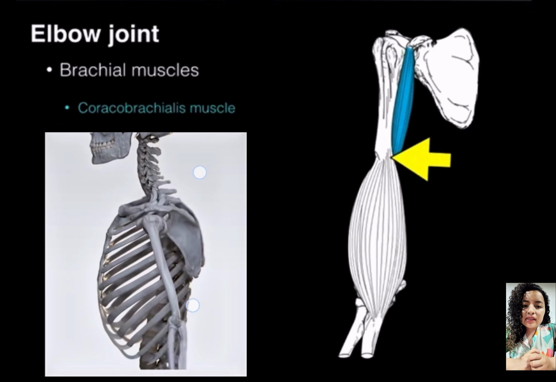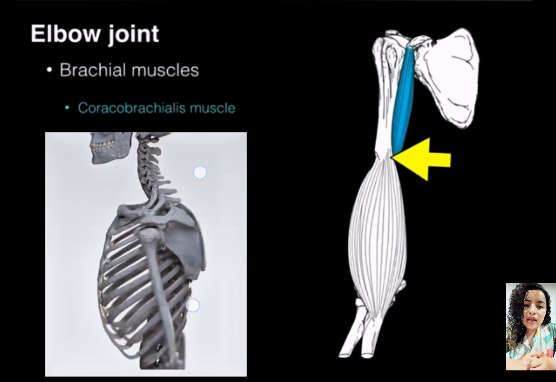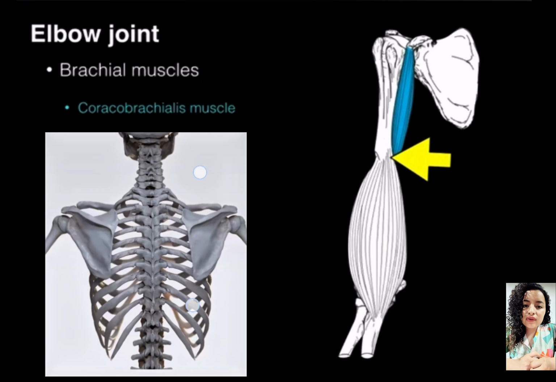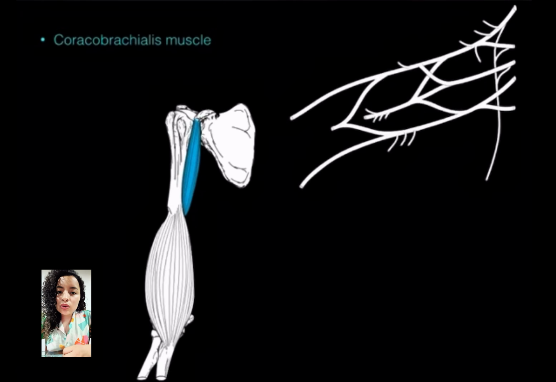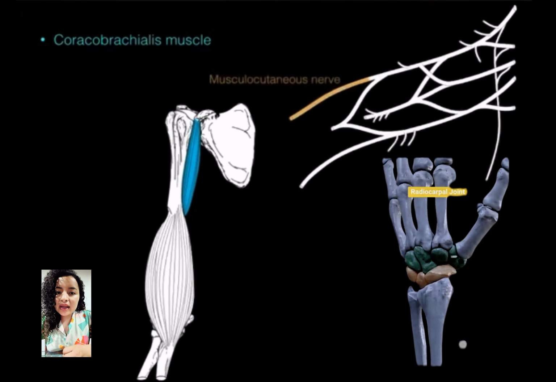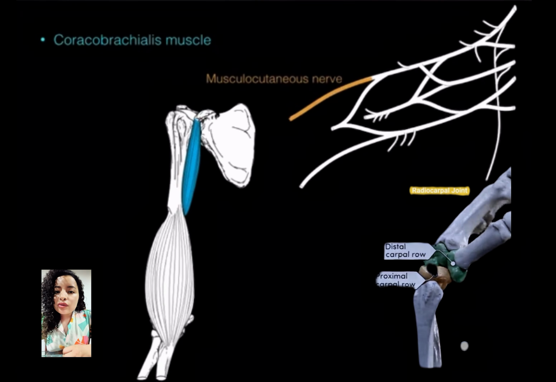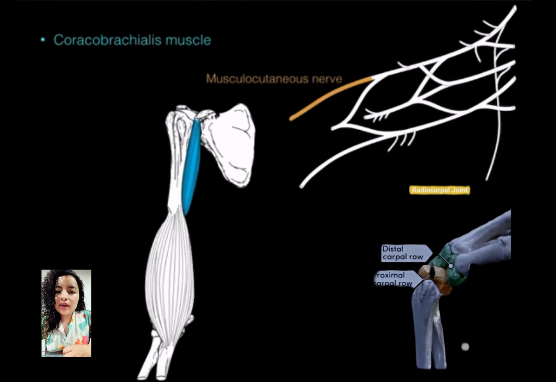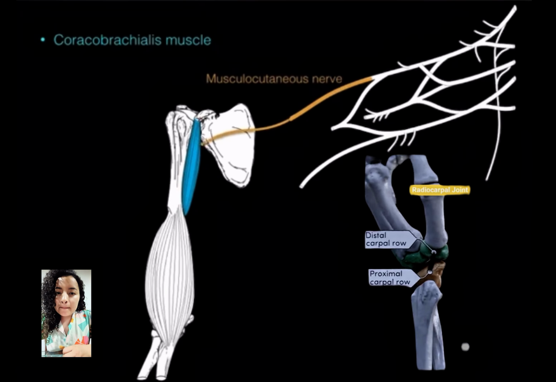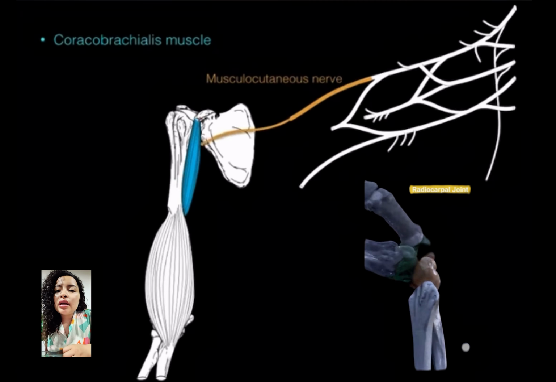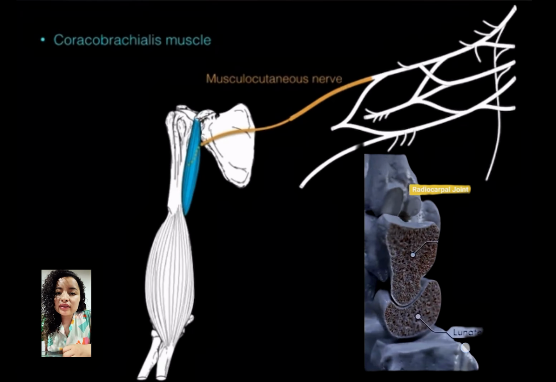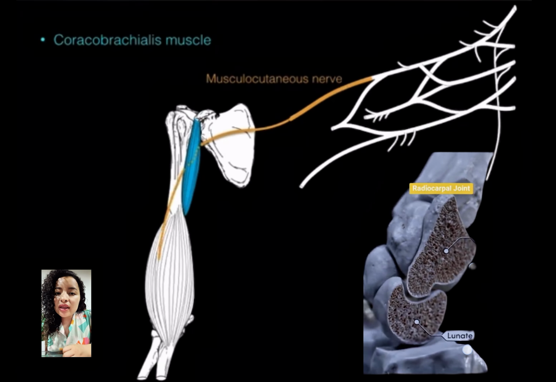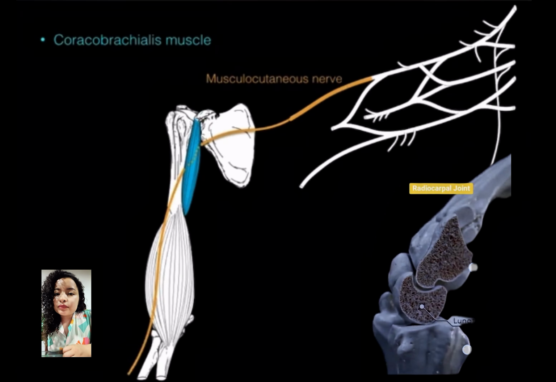When we look at the biceps brachii muscle superimposed on the human body, we see one tendon goes up to the scapula and another tendon goes down to the radial tuberosity.